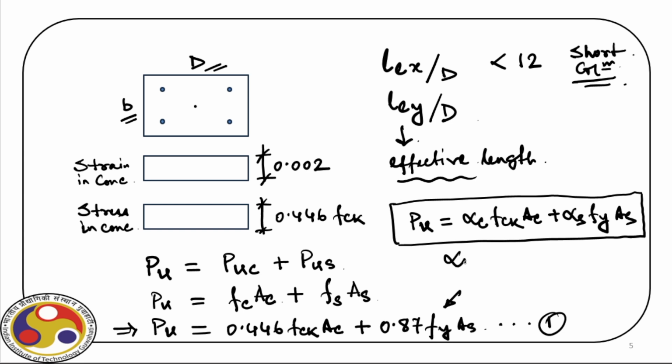So what is the value of alpha C? This is 0.446. And for different grades of steel, we have different values of alpha S. So alpha S for Fe250, it is 0.87. Fe415, it is 0.79, and Fe500, it is 0.75.